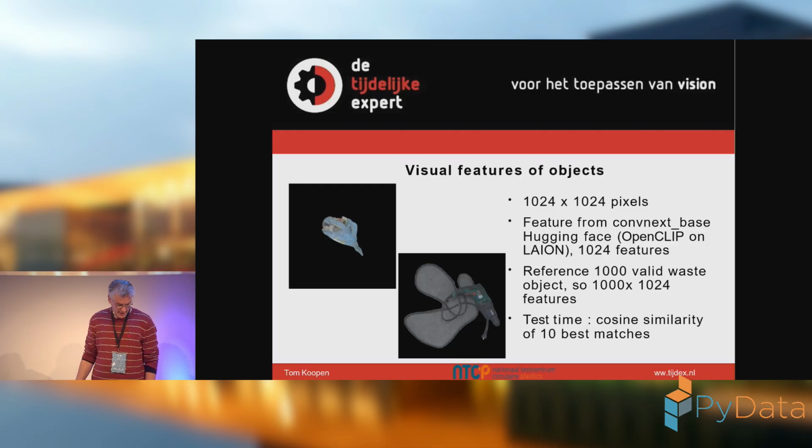Like I said, once we had this feature extraction part of the pipeline, we just grabbed our 1,000 objects and made a reference. So we had this big feature matrix of 1024 features. That was our reference. At test time, we had a visual vector for each object, and we compared it to these 1,000 other objects.